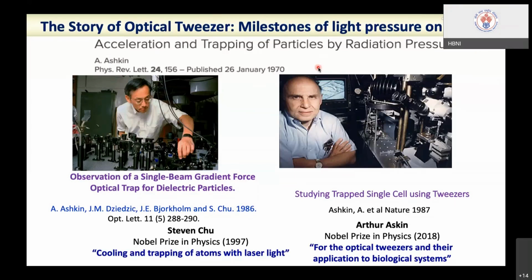Well, let me explain in brief how Professor Arthur Ashkin carried out this experiment of trapping particles by radiation pressure.